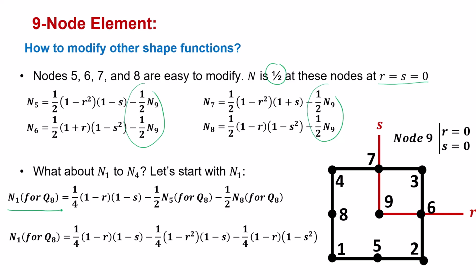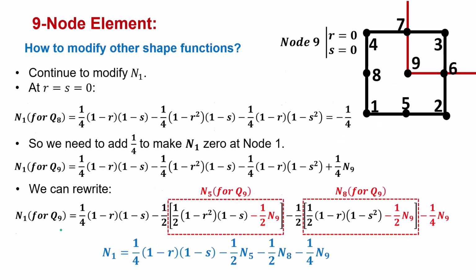N1 for Q8, if you remember, had a formula like this. So if I just substitute N5 and N8 for Q8 from the Q8 element, I will have an expression like this. So this is N1 for the 8-node element.